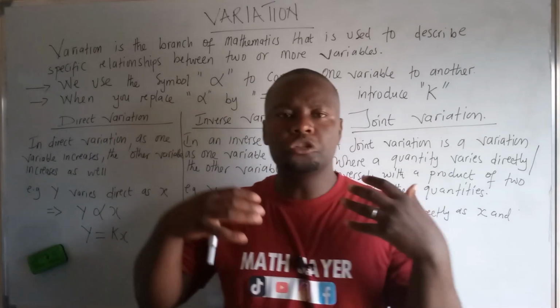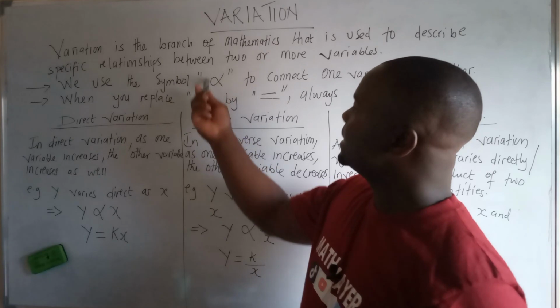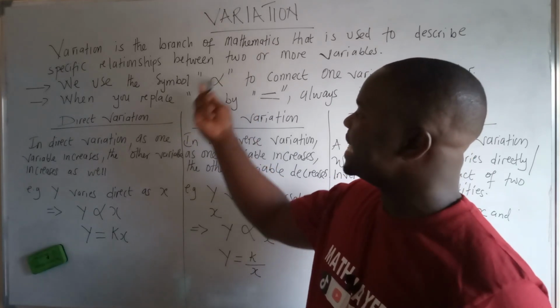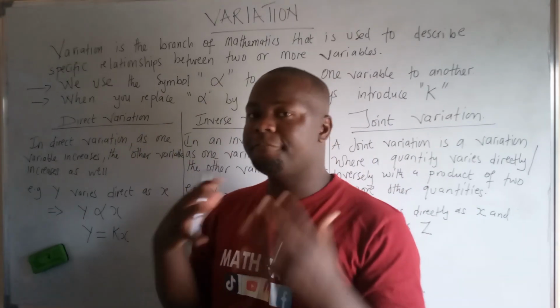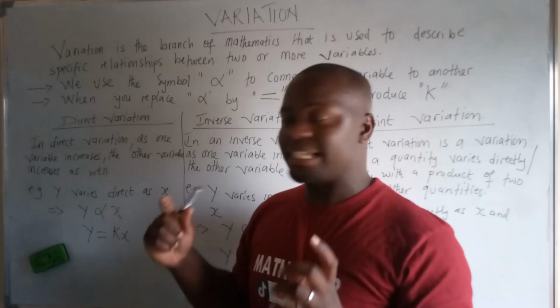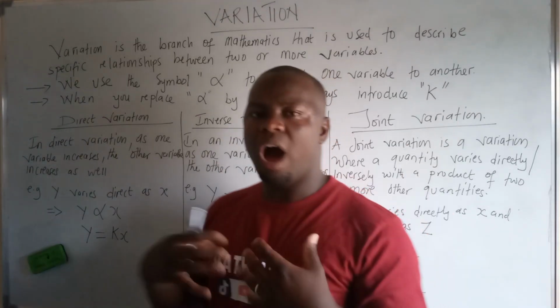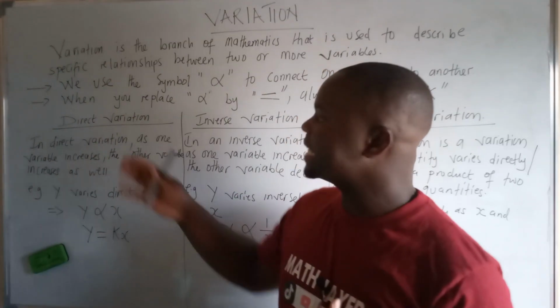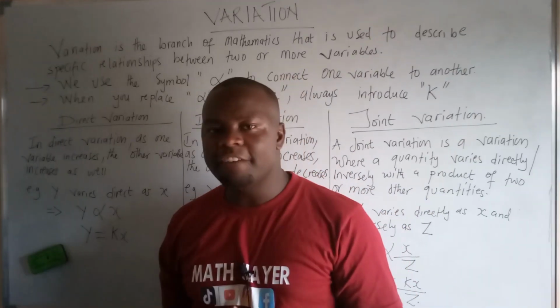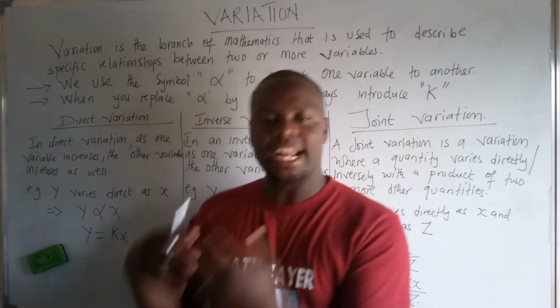So now how are you going to use the proportion symbol? You're supposed to use it in direct variation if the key words in the question are, for example, y varies directly as x. So this symbol is used to connect one variable to another variable.